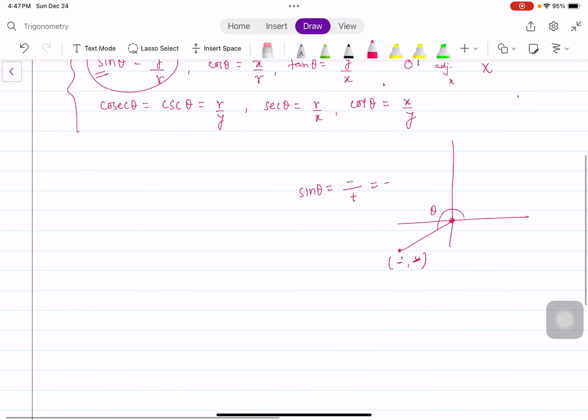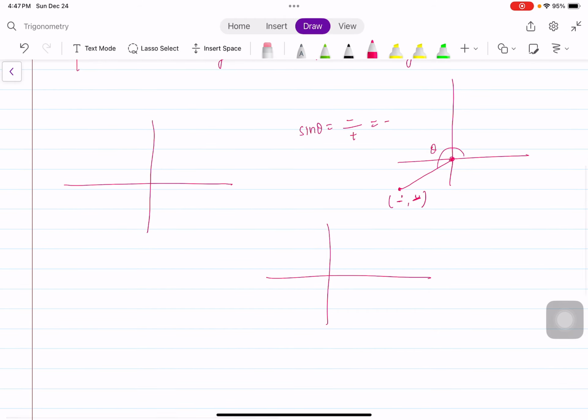So there are different ways of memorizing the signs of these things. Some people use the CAST rule, CAST, where C means cosine, A means all, S means sine, and T means tangent.